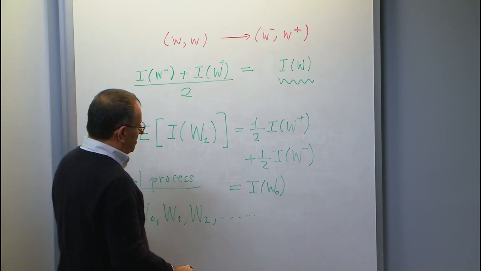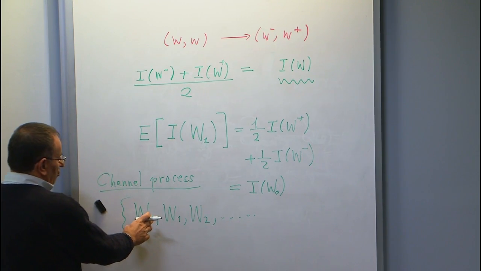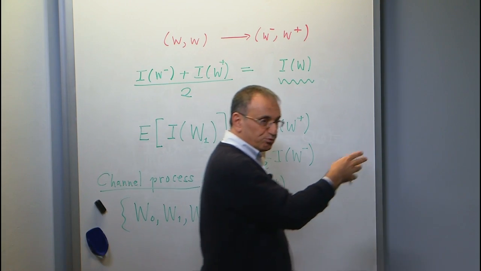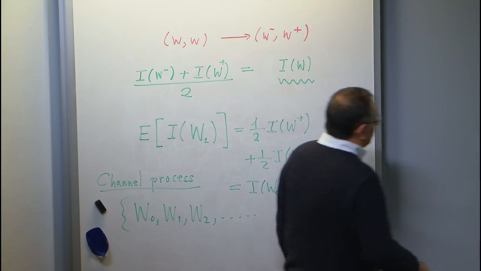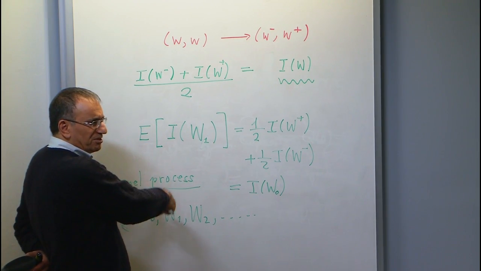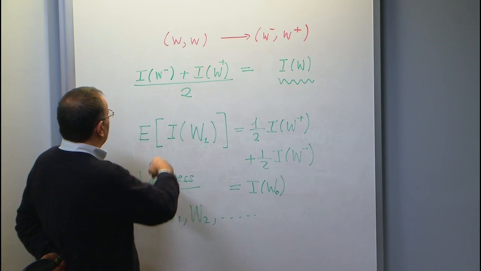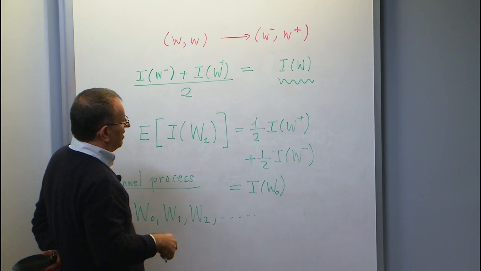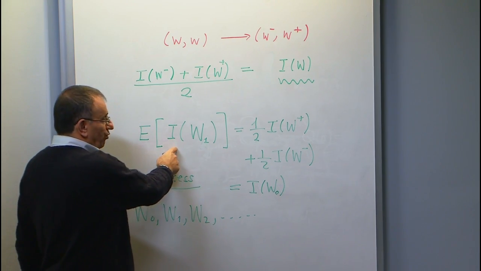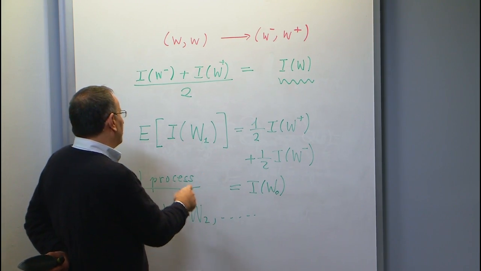We define this tree process for channels, and the numerical values associated with the channels, namely the mutual information terms or capacity terms, constitute a martingale. So this is the first step of the martingale. Why is it a martingale?